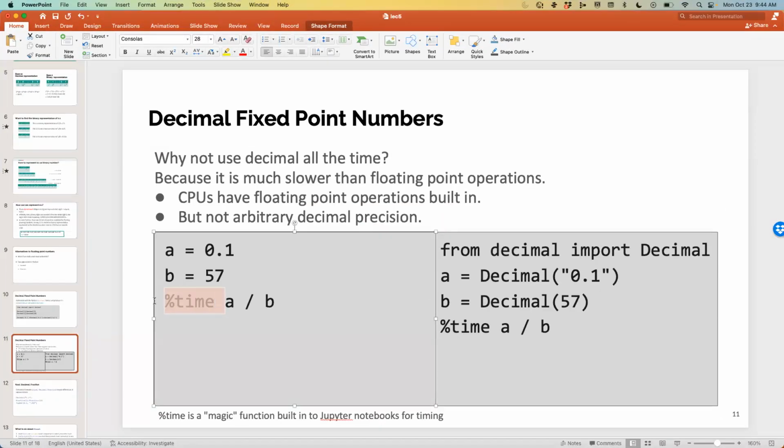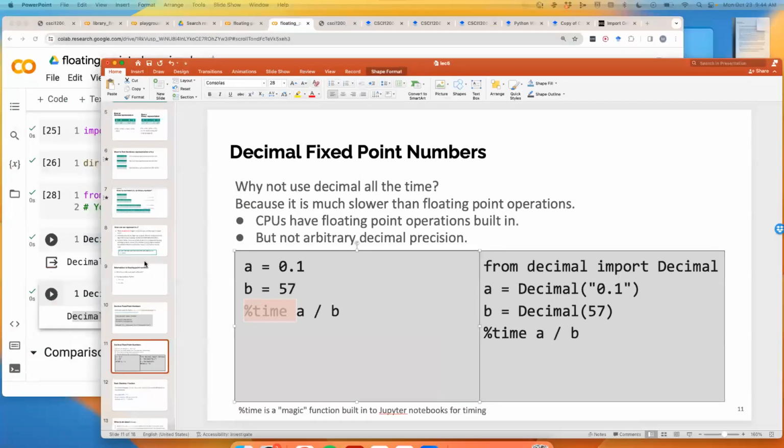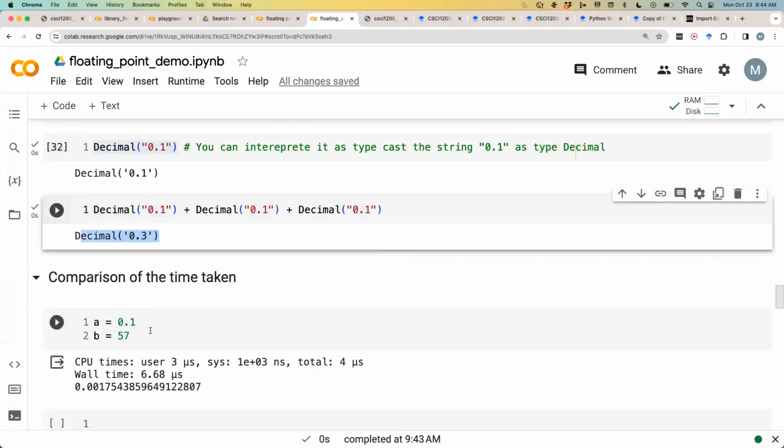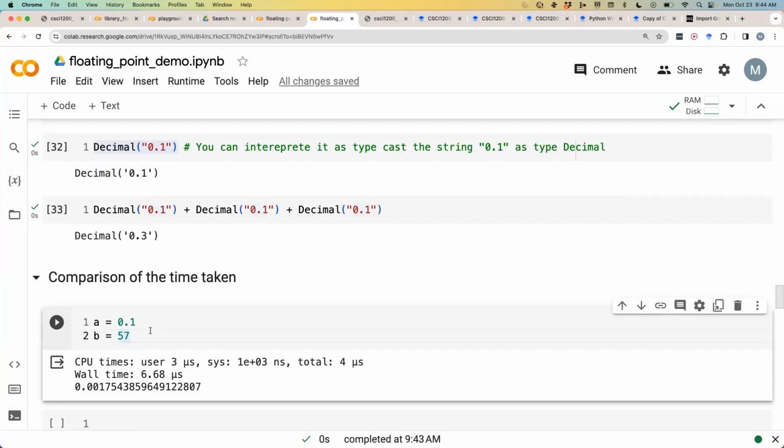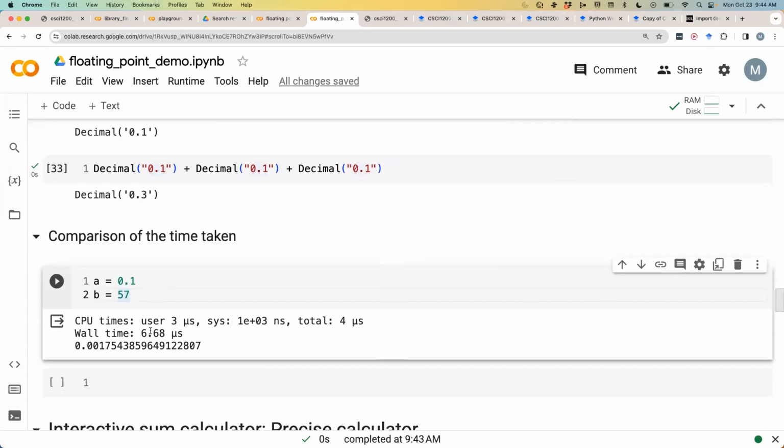Okay, so this is what we call a magic function. It's built into the Jupyter notebook and will give us the time it takes to compute these computations. Let's compare the time taken for each of these calculations. For example, I have a equals 0.1. Now remember, a is of type float.